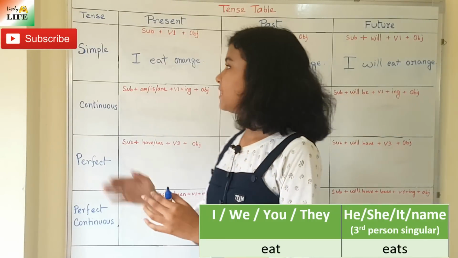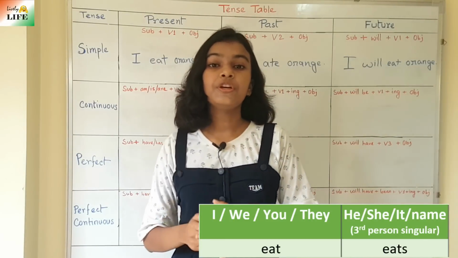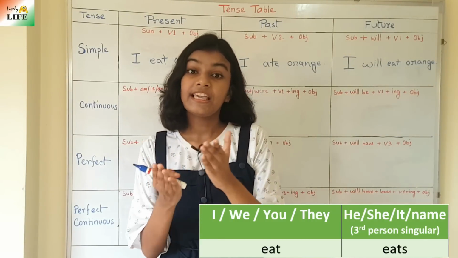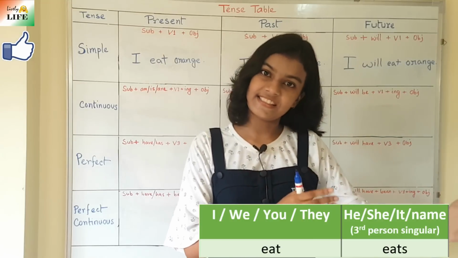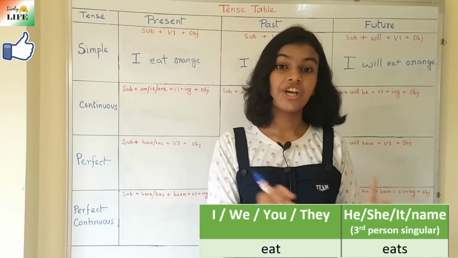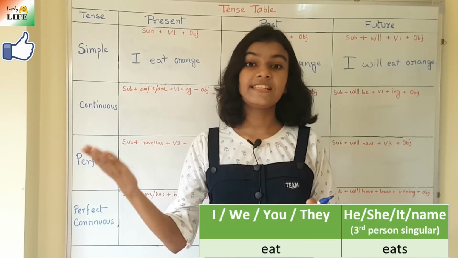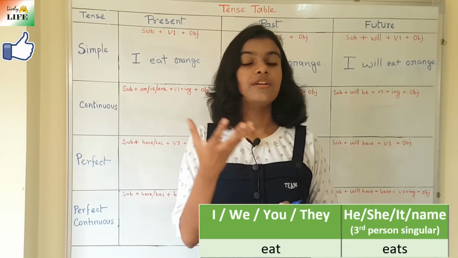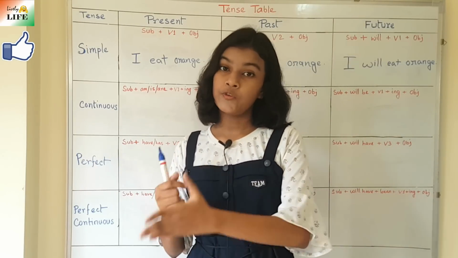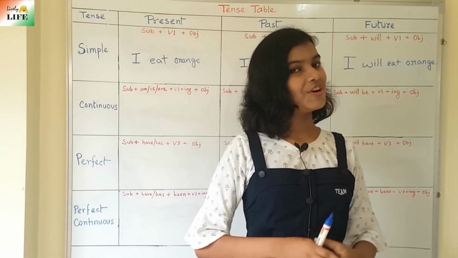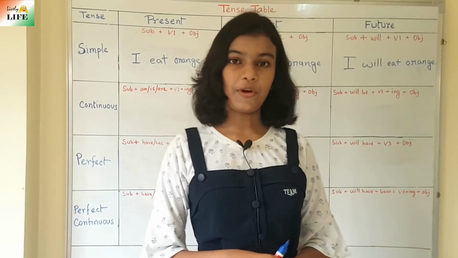So for example, I eat orange. So if we used he, so he eats, E-A-T-S, he eats orange. She eats orange. It eats orange. Or suppose a name, Rose. Rose eats orange. Okay, so this was an important point.